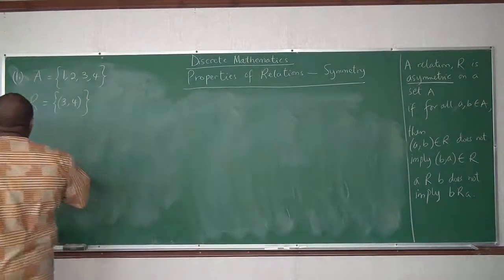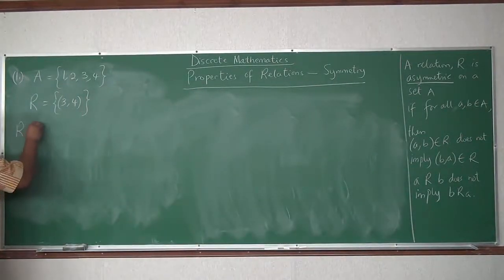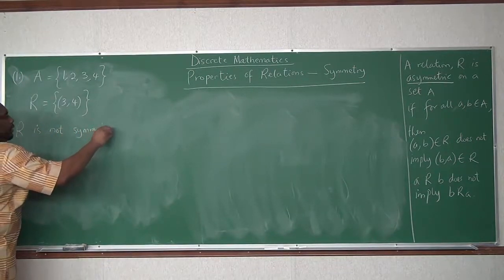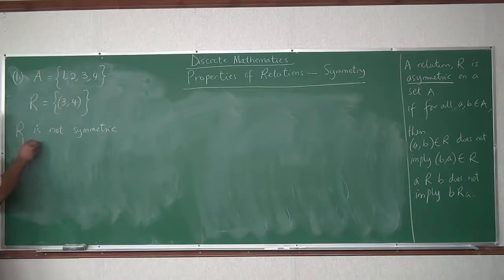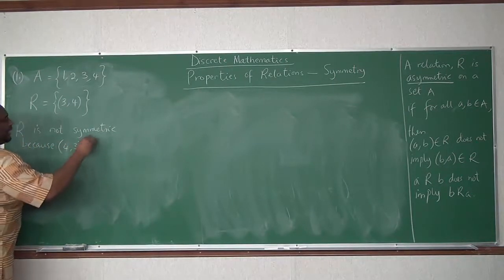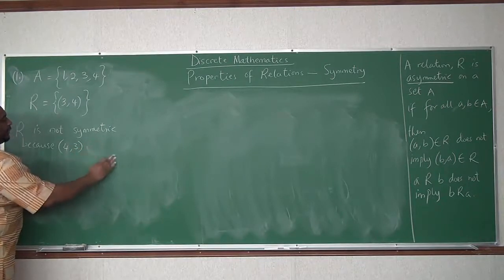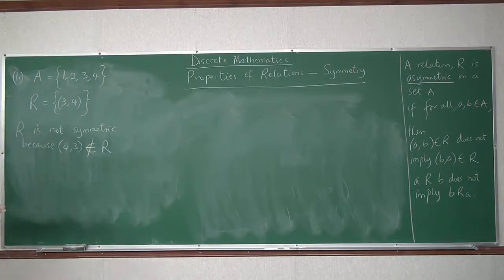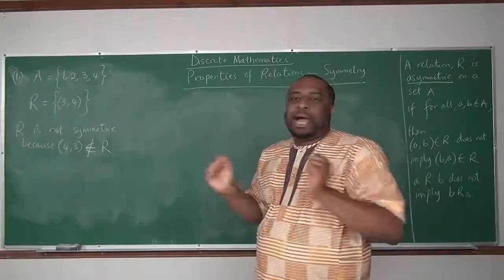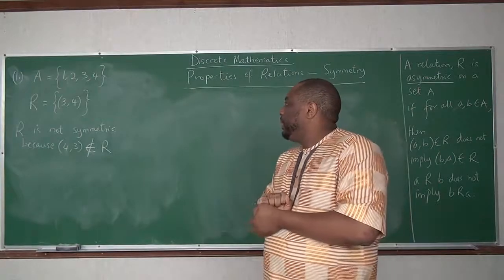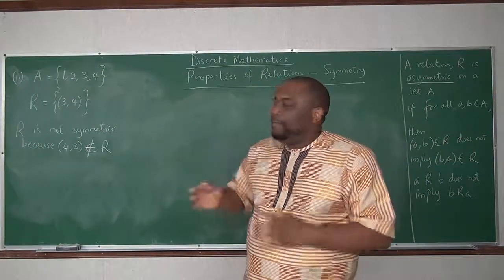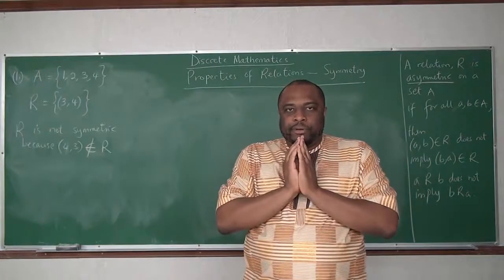So here we say that R, the relation, is not symmetric, because (4, 3) is not an element of the relation. You have (3, 4), but you don't have (4, 3). R is not symmetric. Antisymmetric. We only have (3, 4) in that relation.